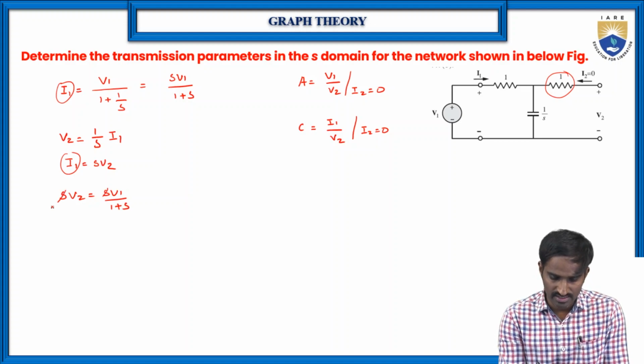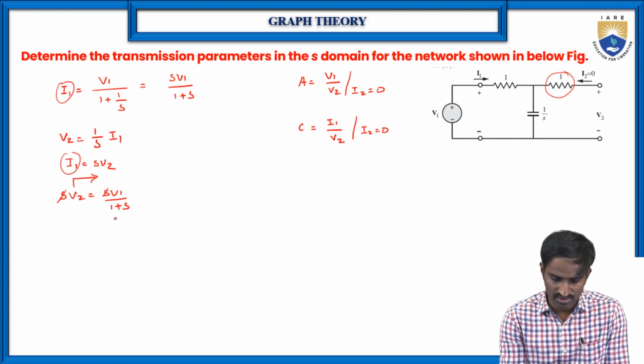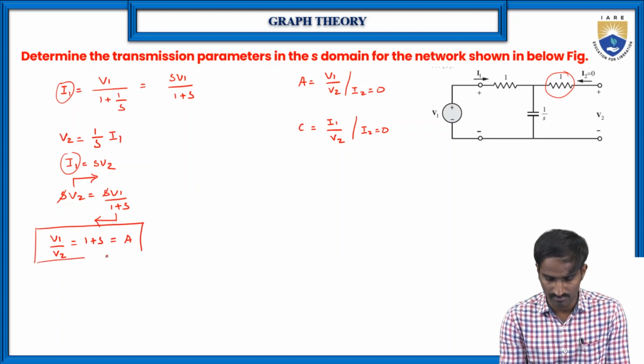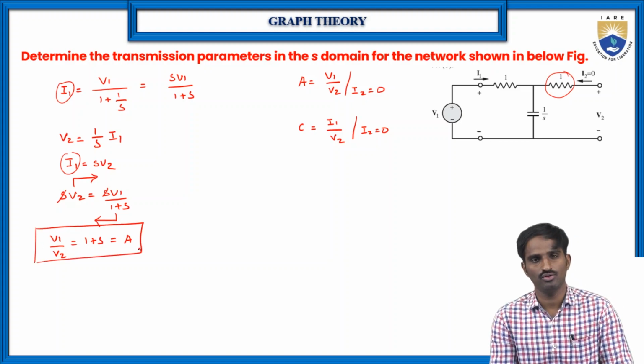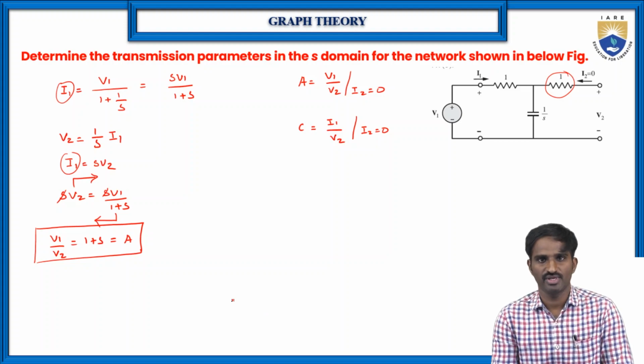So here S gets cancelled. So V1 by V2, you send V2 this side and V1 this side, which is equal to 1 plus S. Which is nothing but A, the transmission parameter A. This is how we can find the transmission parameter A.